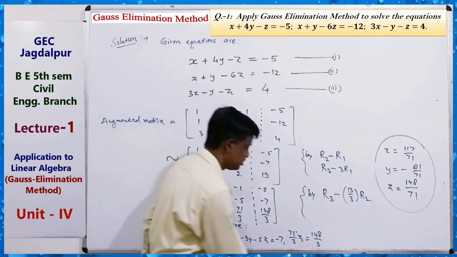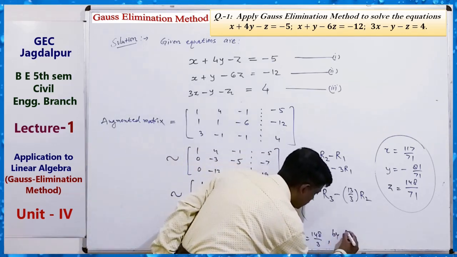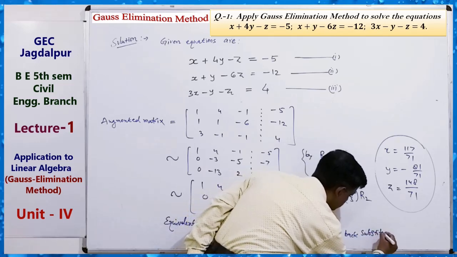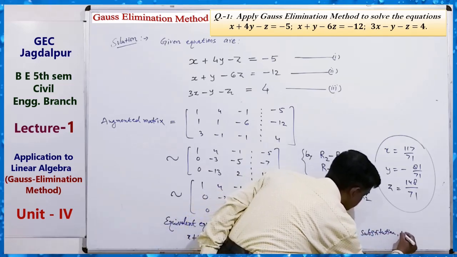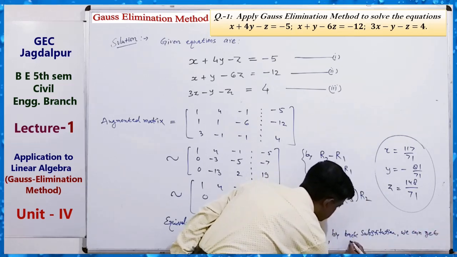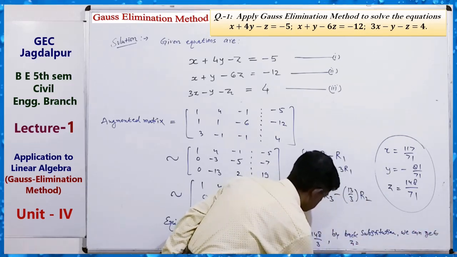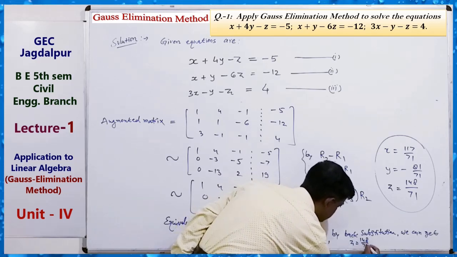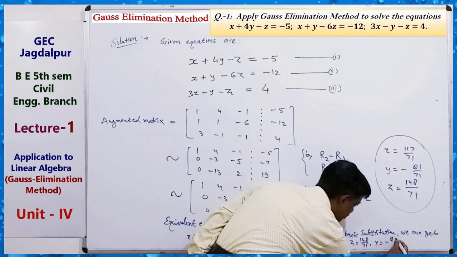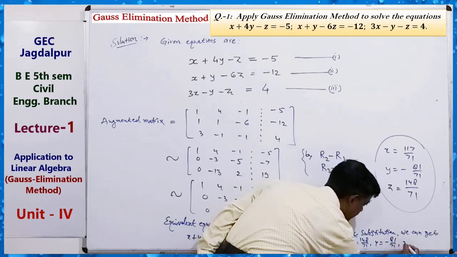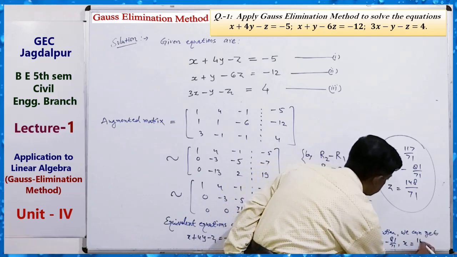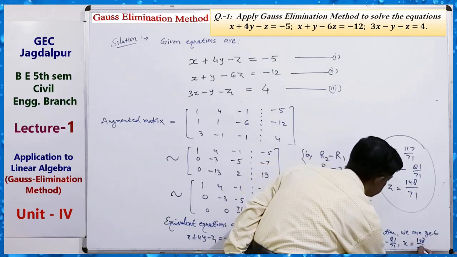Now by back substitution we get z equals 148 by 71, then y equals minus 81 by 71, and x equals 148 by 71.